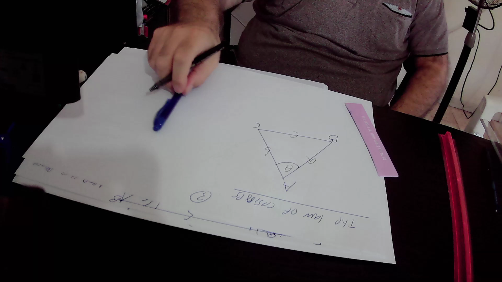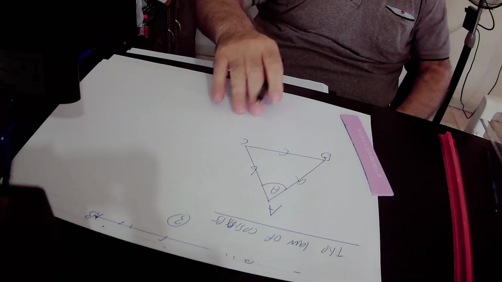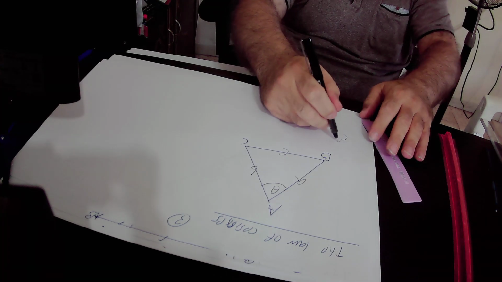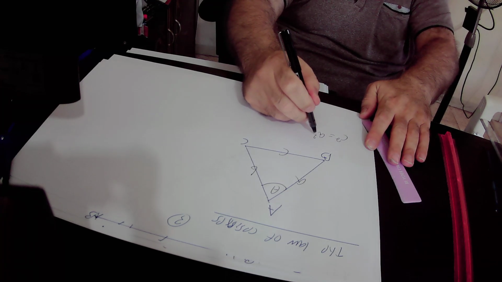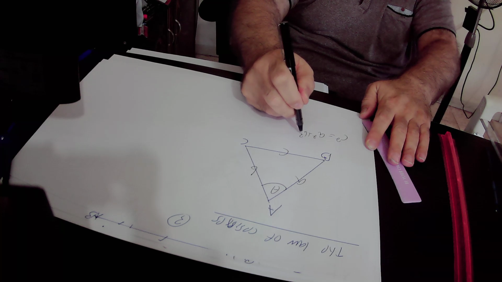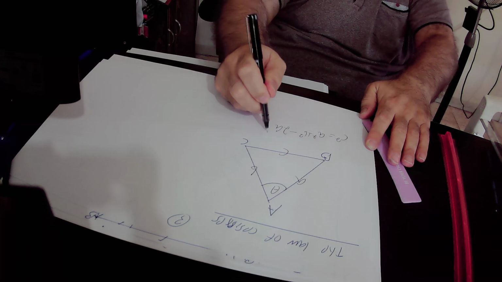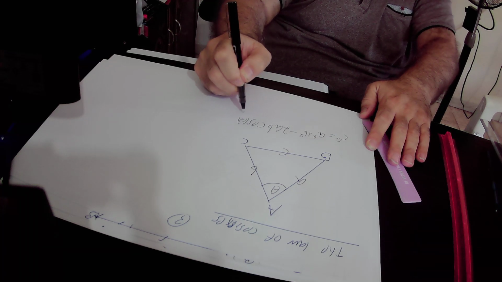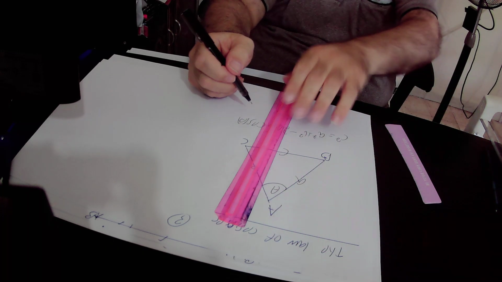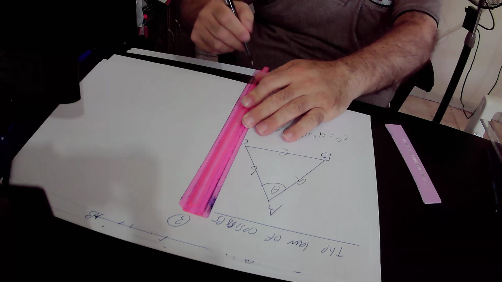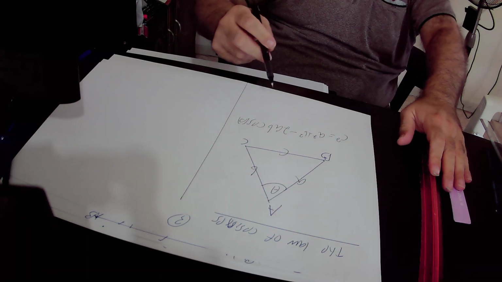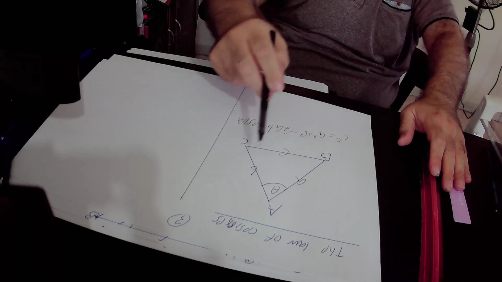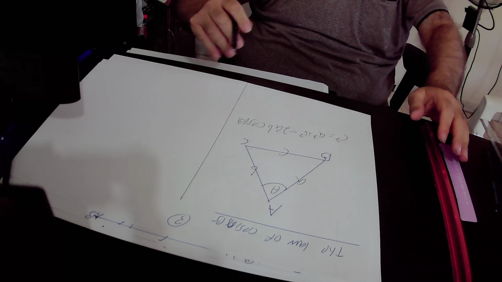Then according to the law of cosines, we get that C squared equals A squared plus B squared minus 2 times A times B times cosine theta. Again, this triangle ABC could be any triangle.